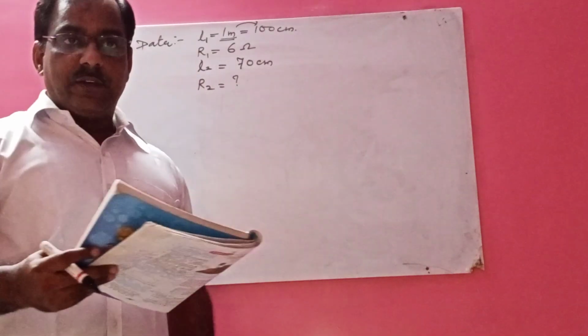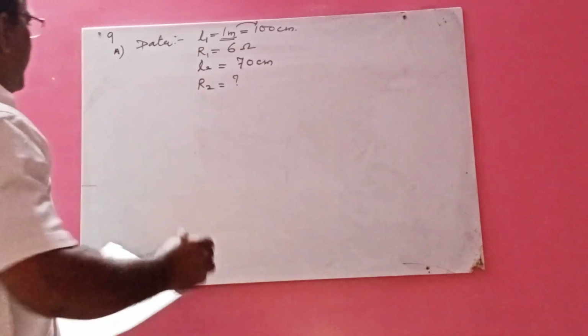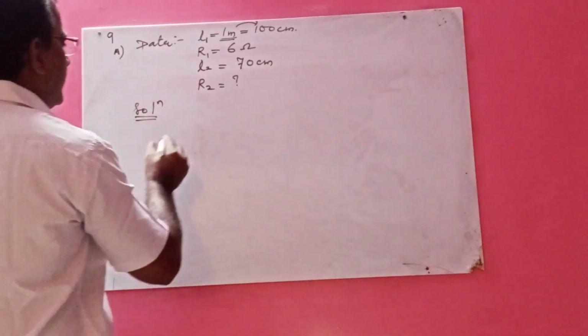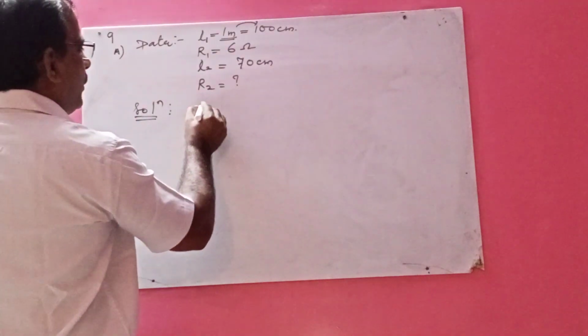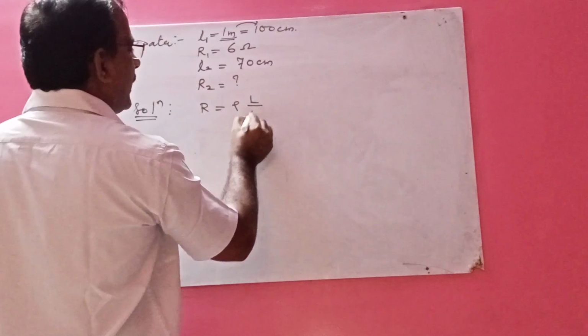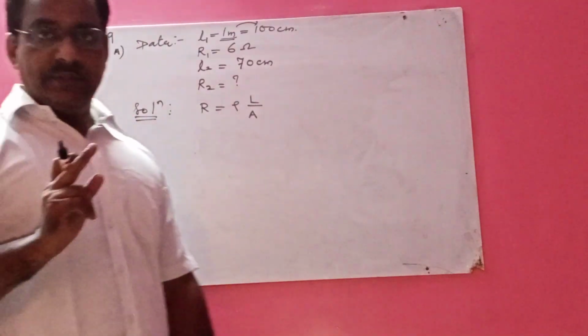So children, I have given you the formula for resistivity. Okay. So see the solution of this. In this, you know the formula that R is equal to rho L upon A. This formula I gave you when I explained resistivity.